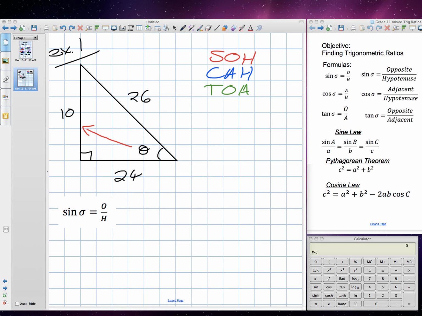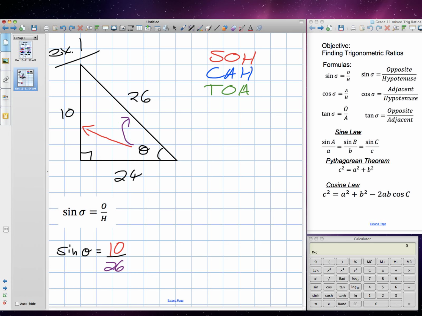Okay? So in that case, what that means is sine theta is equal to our 10 divided by 26.